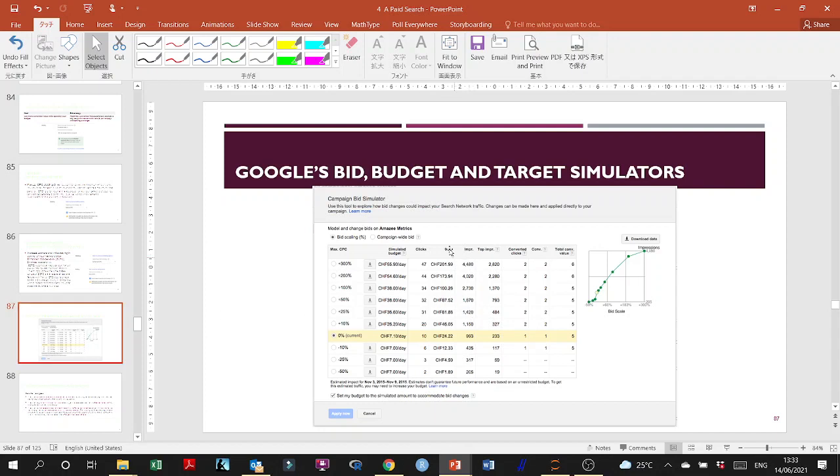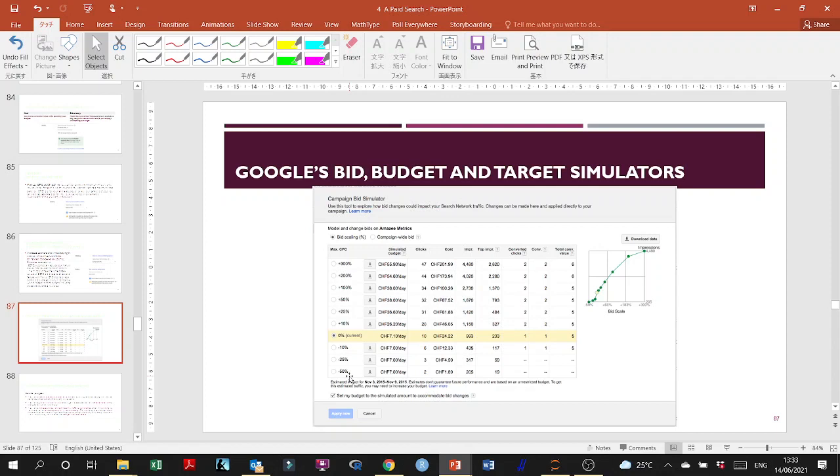So this is an interesting slide here that I would love to bring in, to find out what kind of questions we could ask about this campaign bid simulator. Maybe we can, in fact, try to work with it a little bit in class.